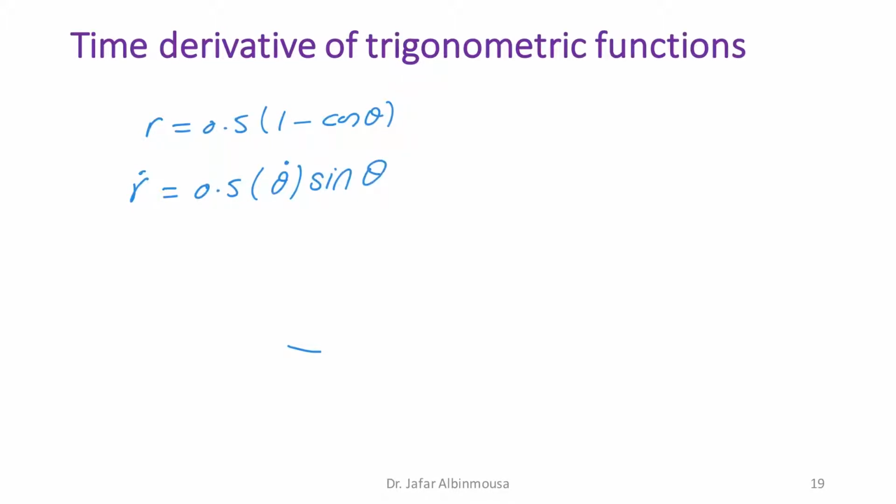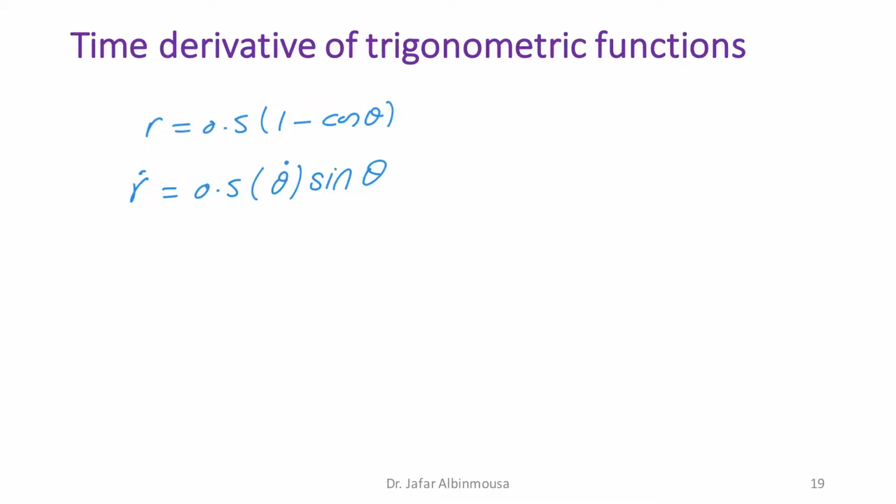What I did over here is I multiplied 0.5 by 1 and then 0.5 by minus cosine. Now the time derivative of cosine is minus sine, so the minus with minus cancel. I have 0.5 as constant, so I take the derivative of cosine, which is minus sine, and then I have to take the time derivative of the angle, and this is why I get theta dot.